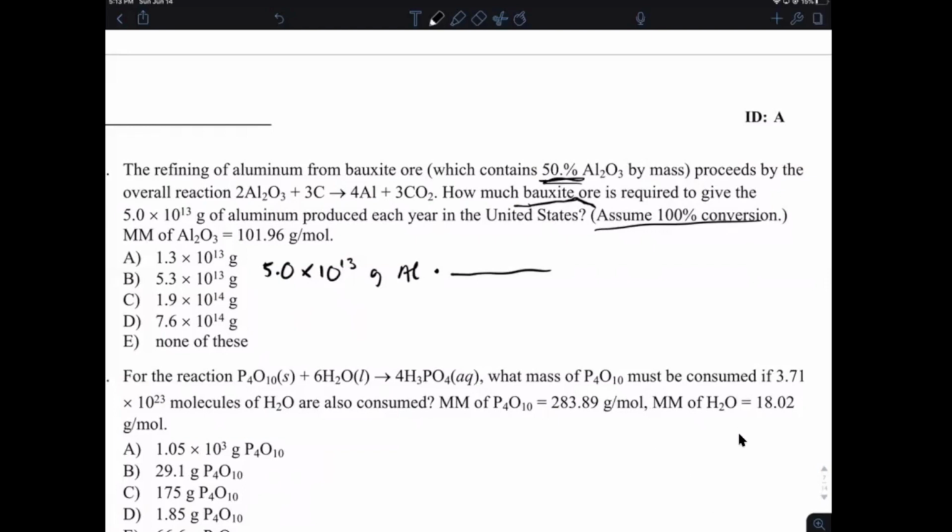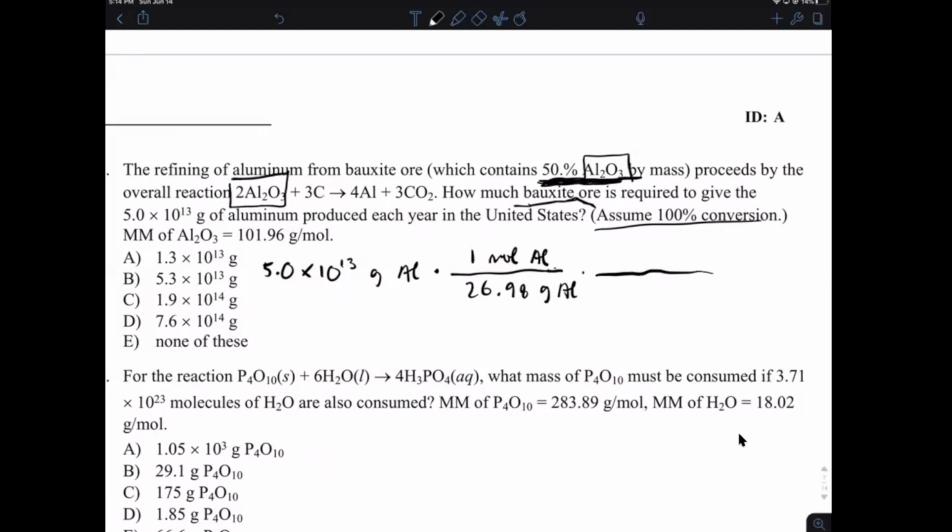Right, moles. We can convert to moles just by using molar mass, and that's around 26.98 grams.